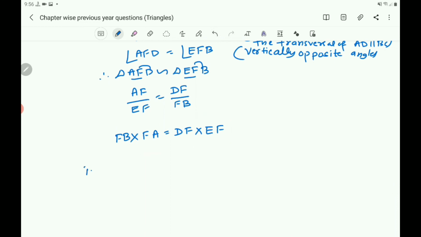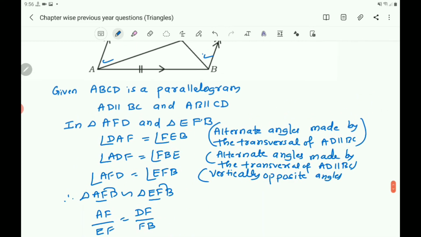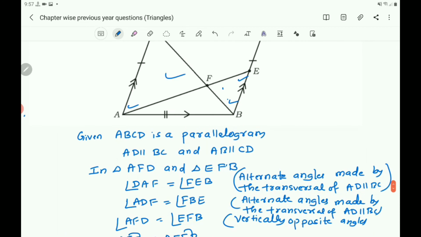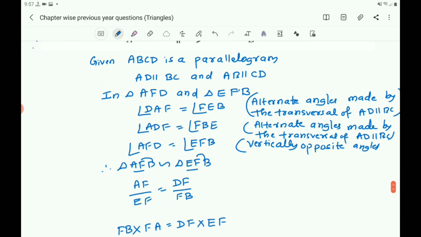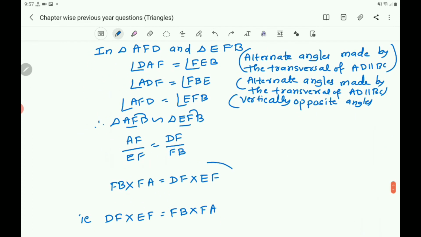So that is DF into EF is equal to FB into FA. So how did you get it? By proving these two triangles similar. Once you got that the two triangles are similar, then their corresponding sides are in proportion, and by using this proportionality you will get the result.